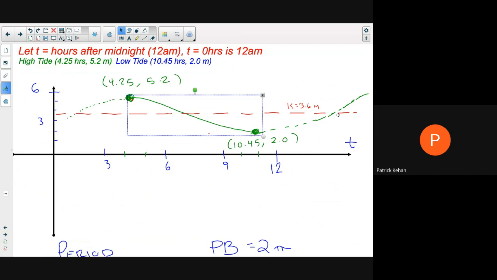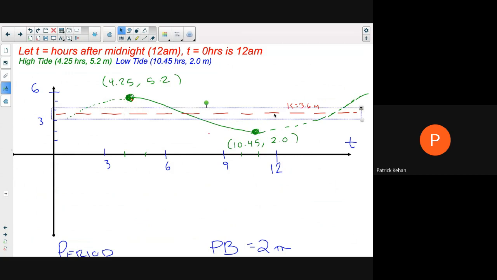You can get away with a sketch in this case, but you want to make it as accurate visually as you can, so you're not deceived by your visual here. I also have this line of oscillation sketched on my graph because that's very helpful just to give yourself a visual, where's that medium line.